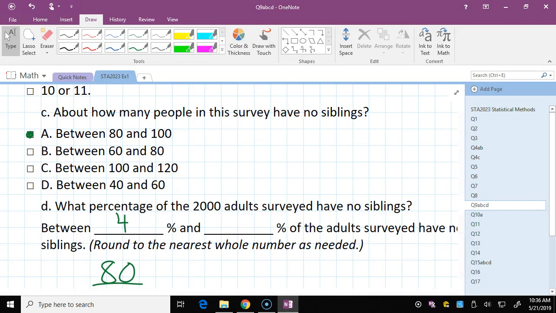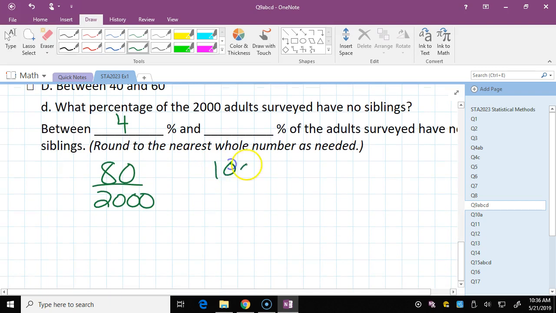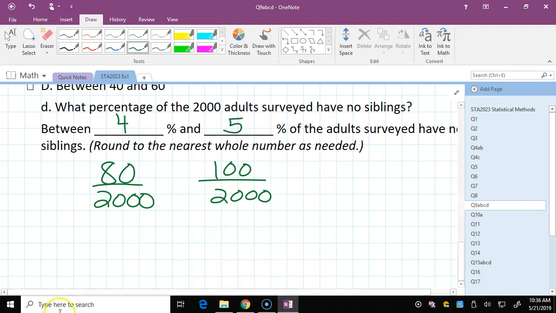What if 100 people had no siblings? So you just repeat the process. 100 divided by 2,000. What is 100 divided by 2,000? 0.05, and multiply by 100, you get 5%. Cool beans? Perfect. All right.